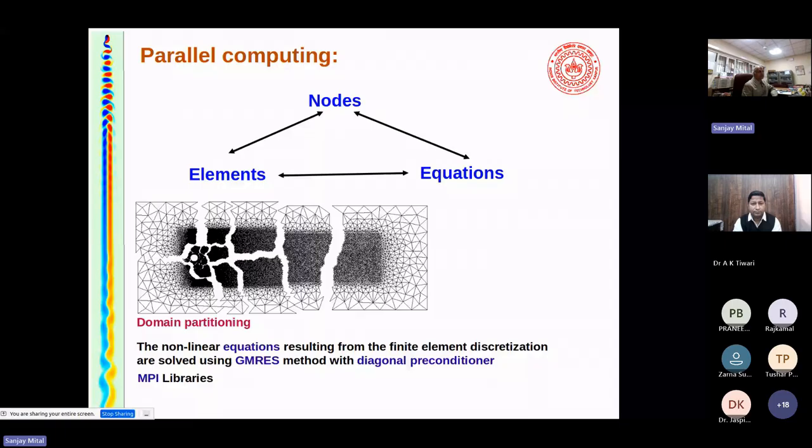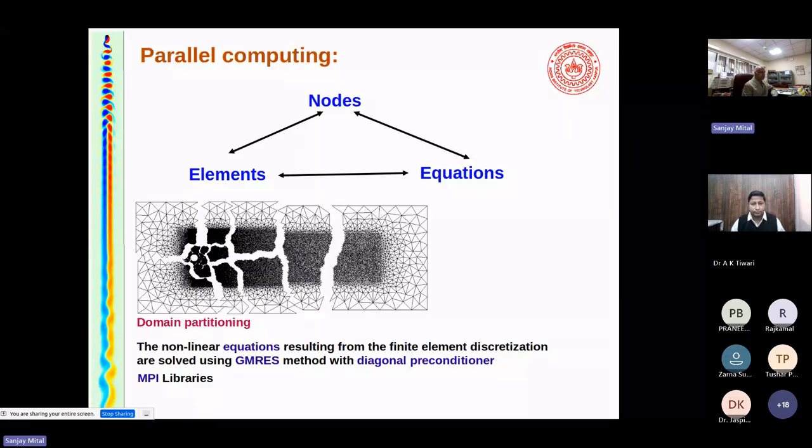So you need information between elements and nodes. But equations are the global assembly of these elements. So you need another data structure at the equation level. So you will have to pass information between nodes, elements, and equations. And any good fast method should be able to cut through these different levels of data structures.